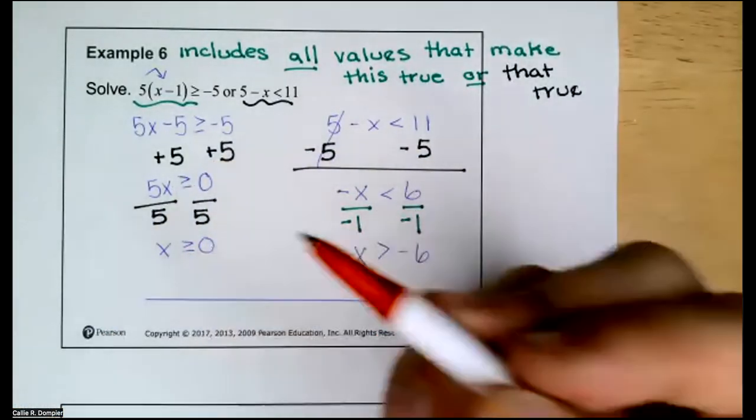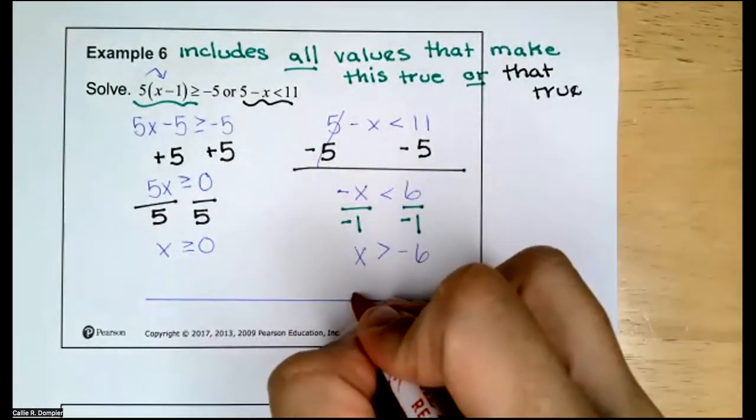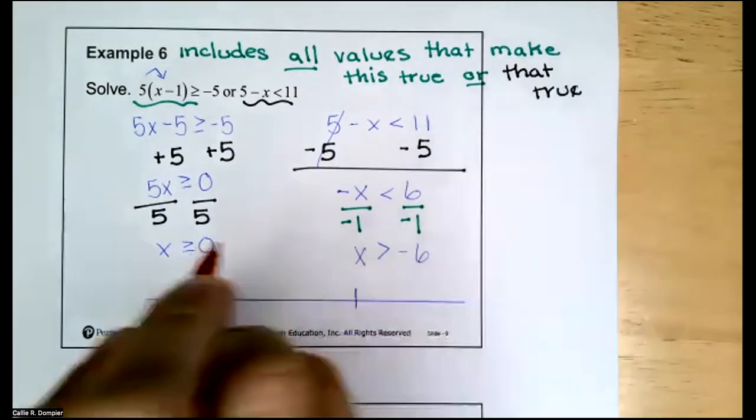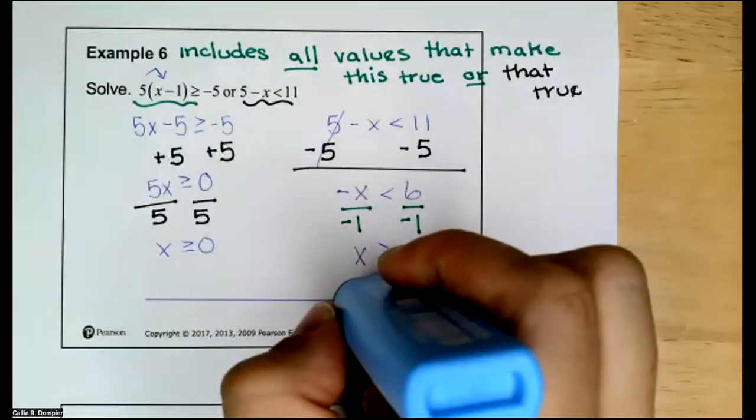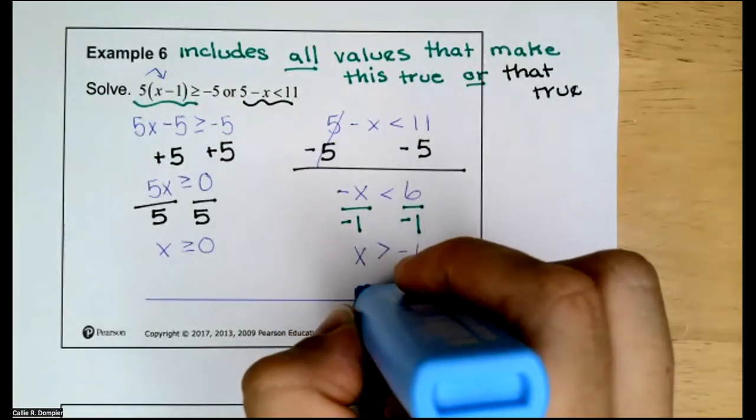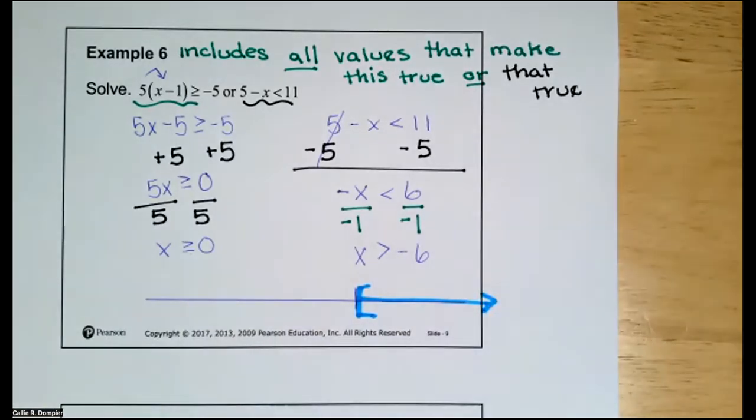X is greater than or equal to 0. Sorry, I need to label 0. X is greater than or equal to 0, or X is greater than -6.